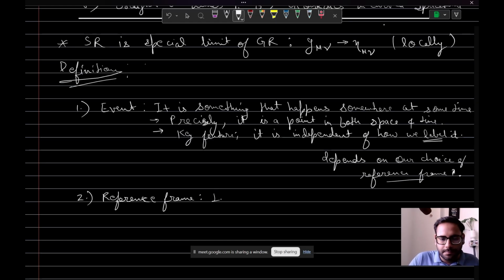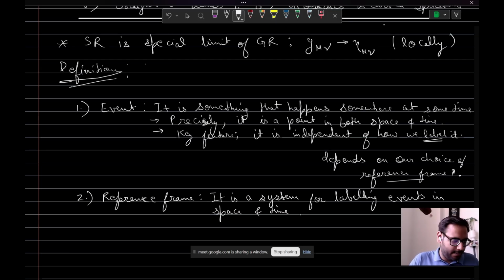It is a system for labeling events in space and time.